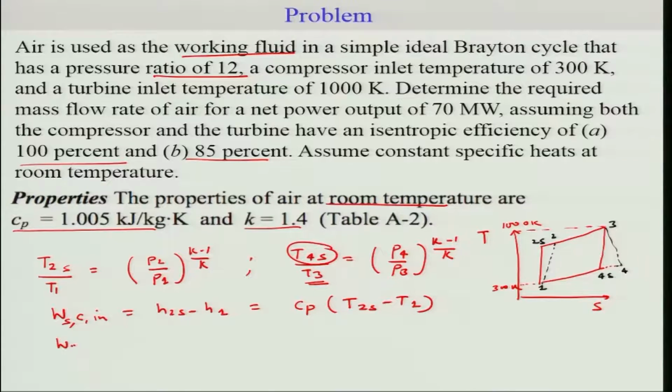Similarly, we can find the turbine work, and that is simply H3 minus H4S based on your simple energy balance here, and this is going to be Cp times T3 minus T4S. So we can calculate the work in this way.